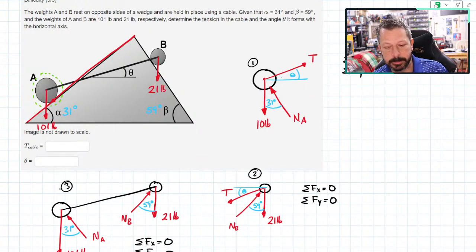In this case, you use individual objects for 1 and 2, and then if you did 3, that's groups of objects. Each free body diagram you draw creates a new set of equilibrium equations.